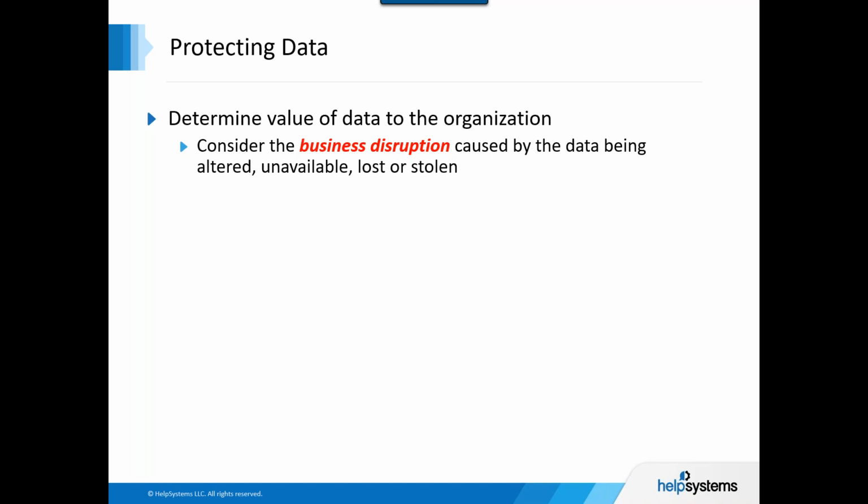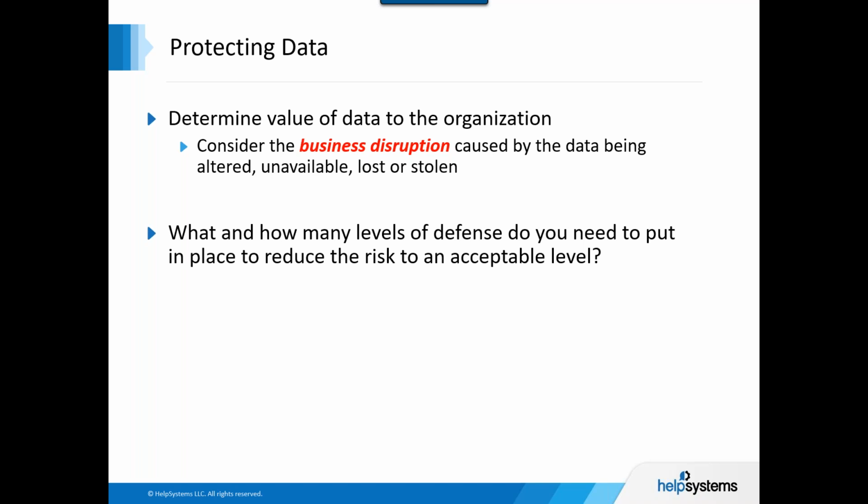So you know what happens when the system is down, and there's probably a hard value figure to that. So you have to determine, along with your management, how many layers of defense you're going to put in place to be able to reduce the risk of that business disruption to an acceptable level.